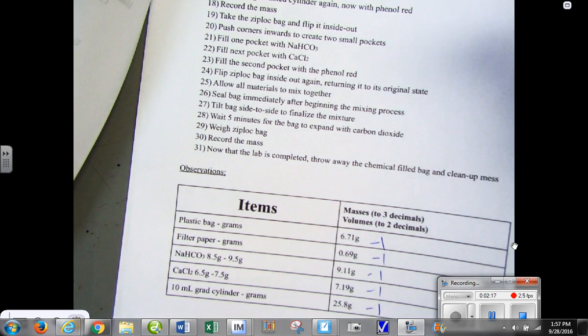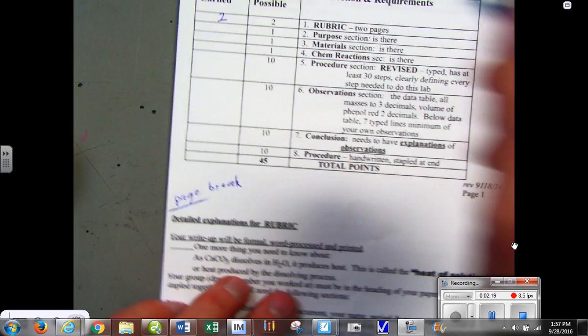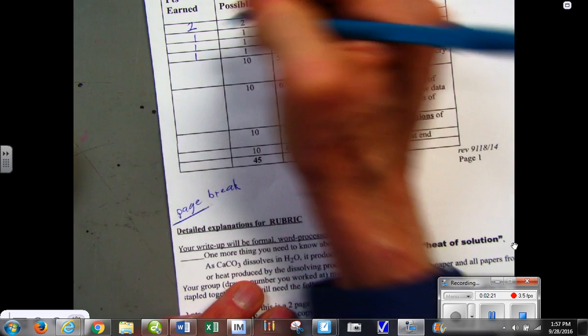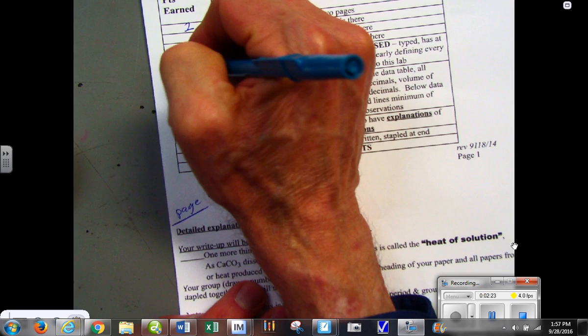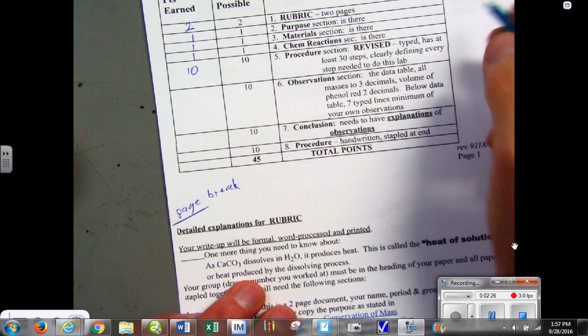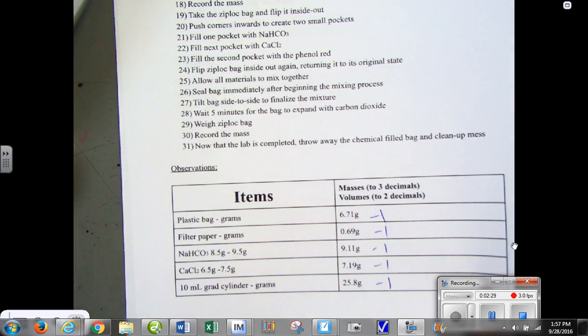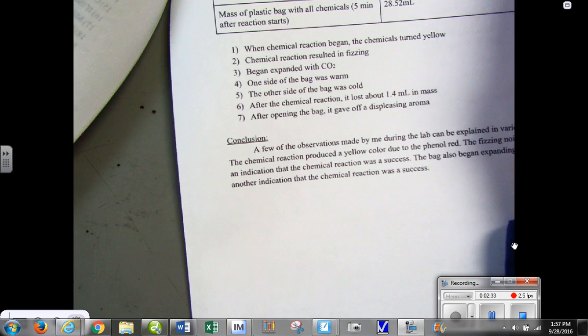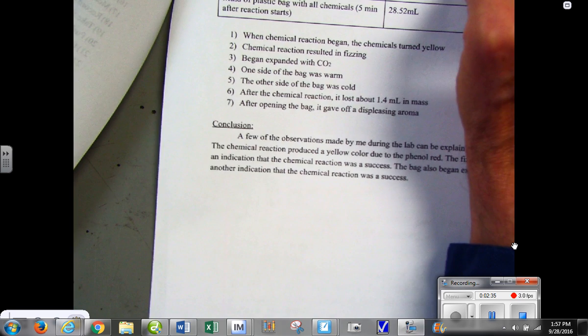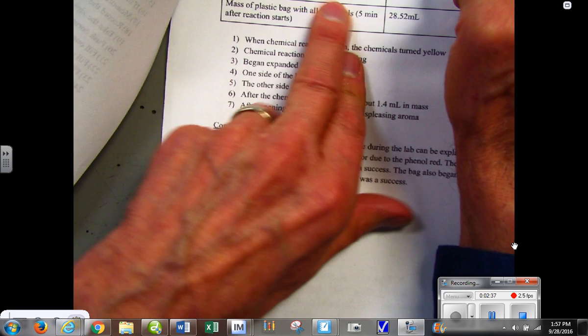Okay, so we're in observations. I'm going to, for right now, go ahead and mark these in because I've already looked at them. The procedure was looking good so far as I could tell, as long as it's not plagiarized. And diluted phenol red. Okay, we got both measurements here, which is good.